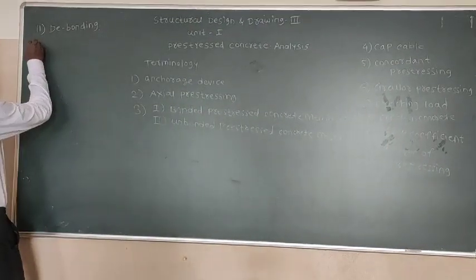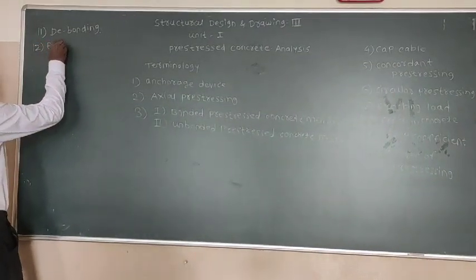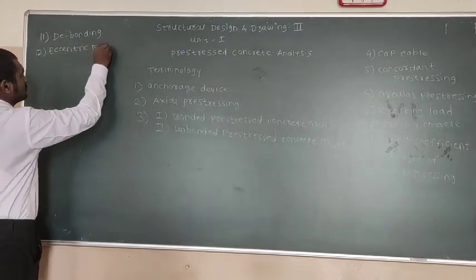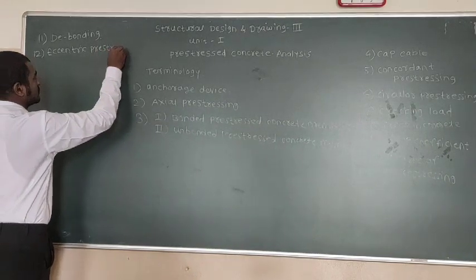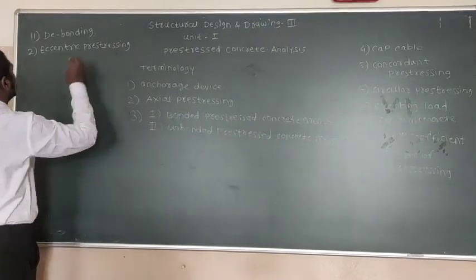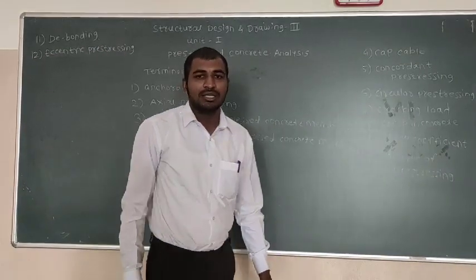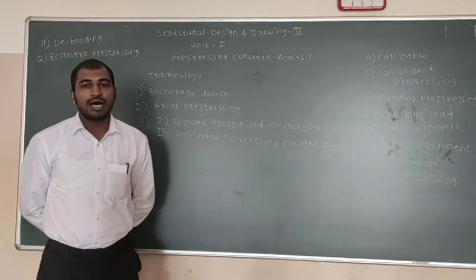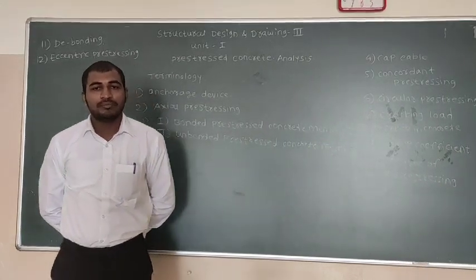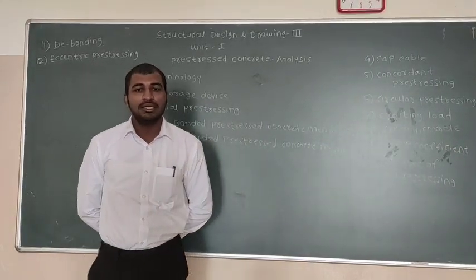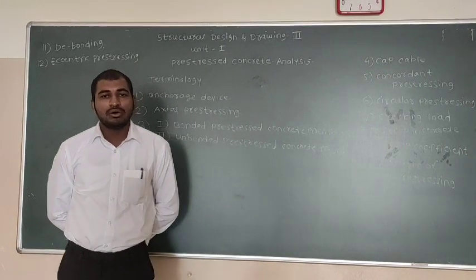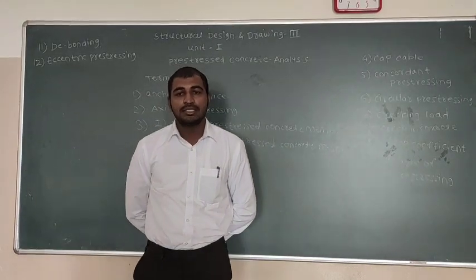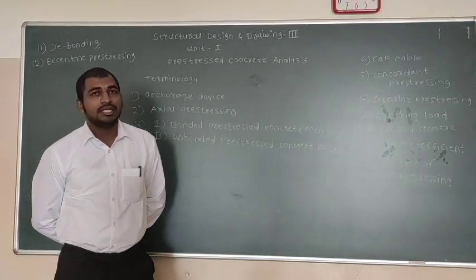Eccentric prestressing is a section in which the tendons are eccentric to the centroid, resulting in a triangular or trapezoidal compressive stress distribution.